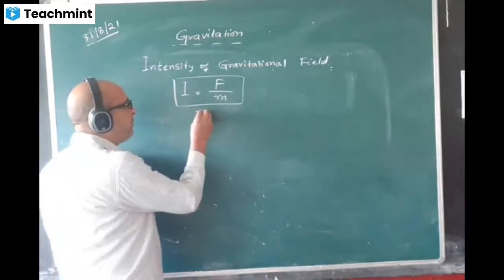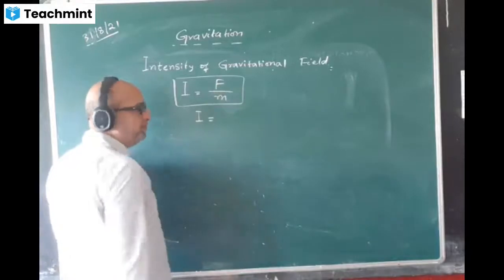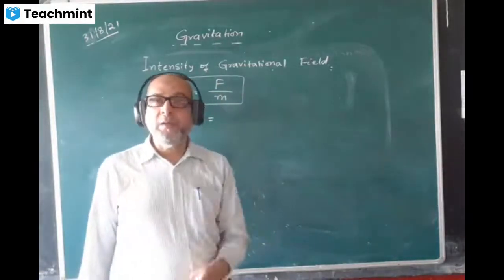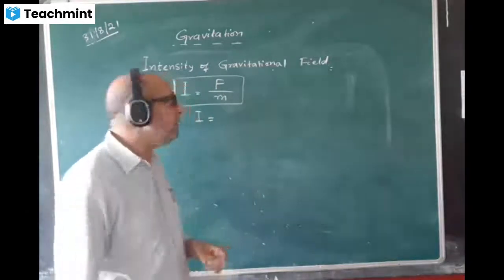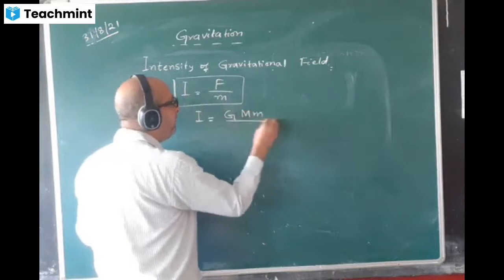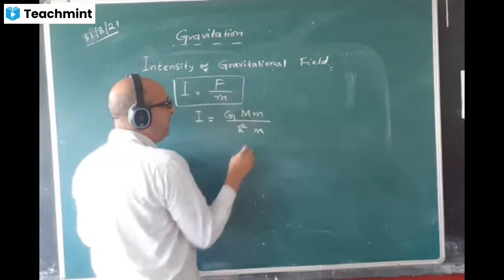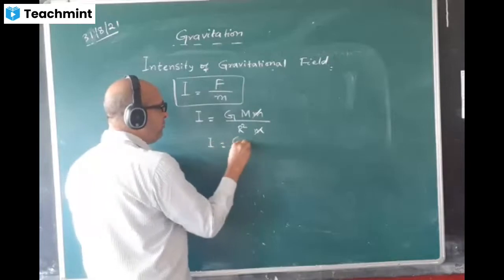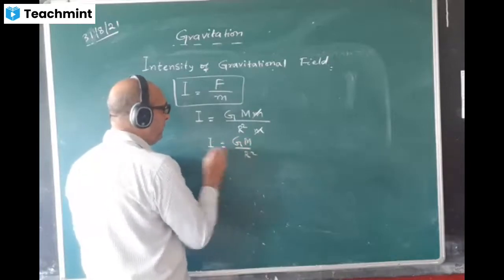Let us proceed a little further. If a point is situated on the surface of the earth, we are checking for the earth. The formula F I write as GMm by R square into m. This m and this m will go. We get I equal to GM by R square.